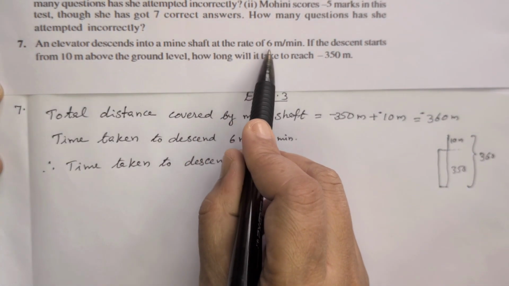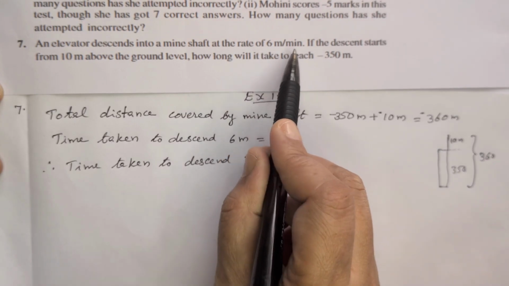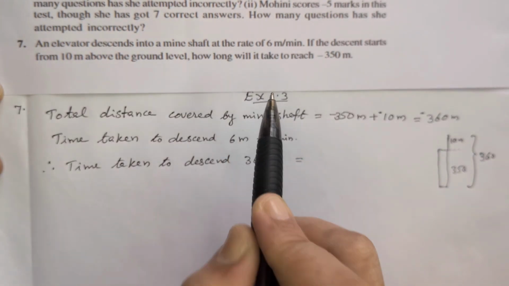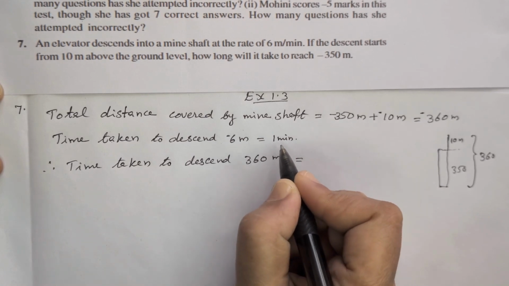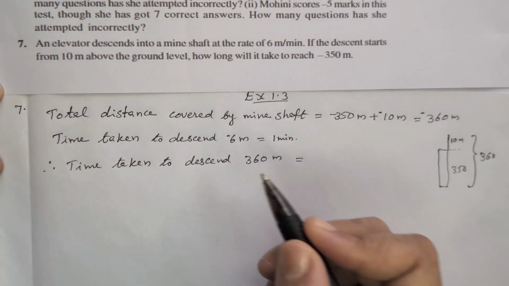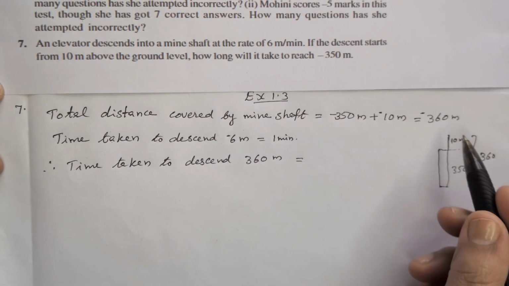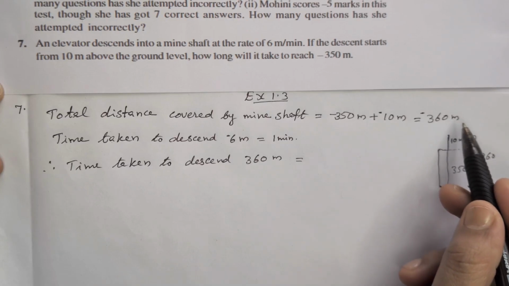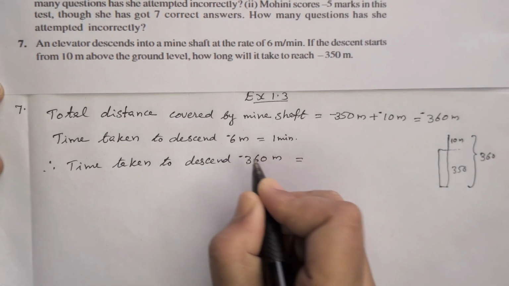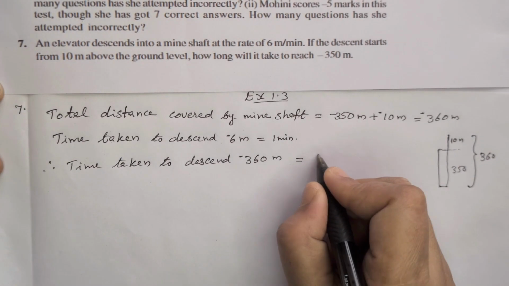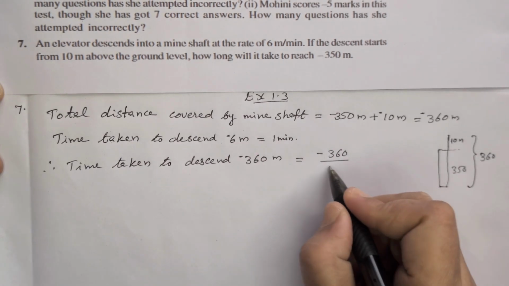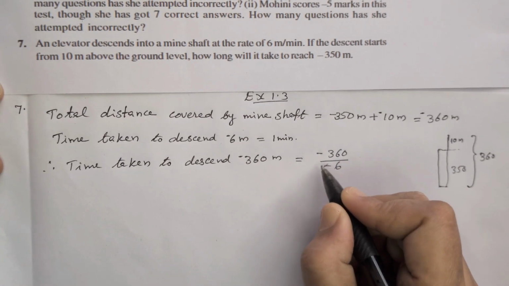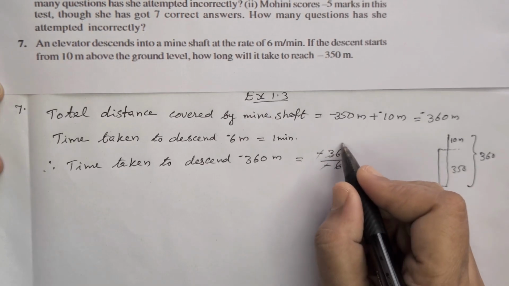And at the rate of 6 meters per minute, in 1 minute 6 meters, it's going down. So everywhere we put a negative sign, representing it's going down. Now we are going to find the time taken to descend: minus 360 meters divided by minus 6.